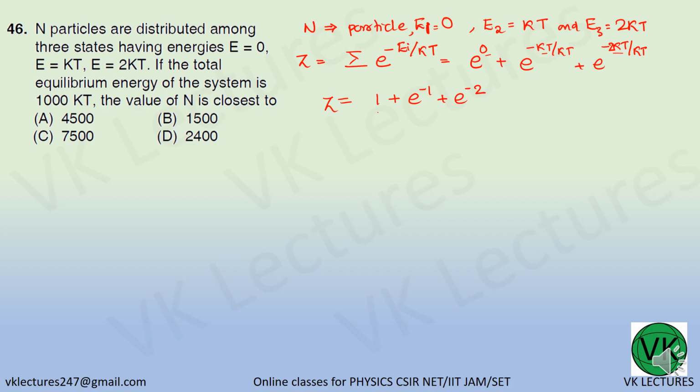Now these are the probabilities corresponding to each energy state. So let's find the average energy. The average energy will be equal to 1 into 0 plus kT into e to the power minus 1 plus 2kT into e to the power minus 2, whole divided by the partition function Z.